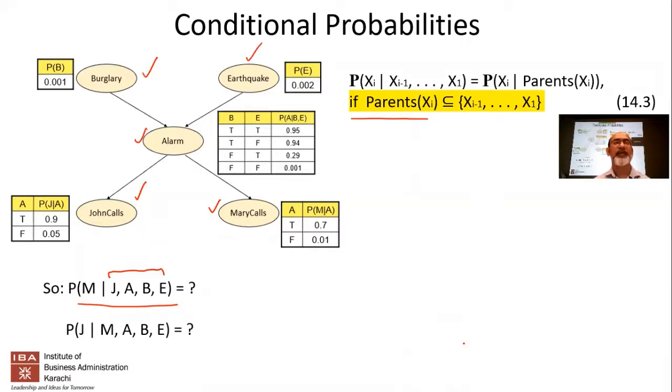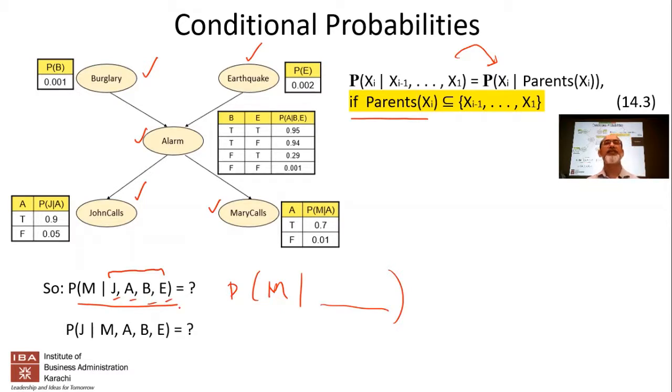So what do you think that should be? All we want to know is not the complete solution, but we want to put it as a conditional probability. In other words, we're trying to simplify it and get a hint from what we're saying over here at the top. We're not trying to completely solve this, but we're trying to say, can this be written as a smaller subset? Do we really need to write all of this?